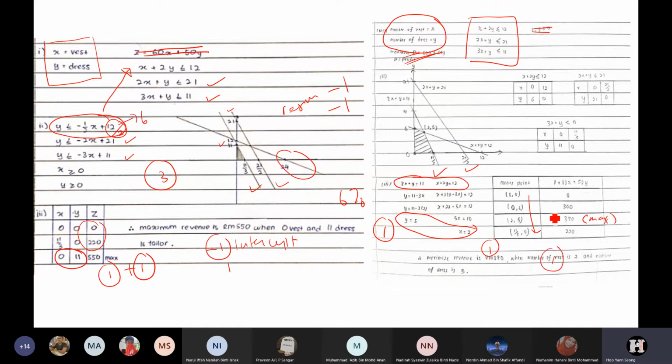So total 6 marks. Because he wrote that this is the max, sometimes I feel sorry and give you another 1 mark. The reason is that your conclusion is based on the wrong sketching before. But the answer at the back is 11 dresses, and this one has no marks because it is the final answer.